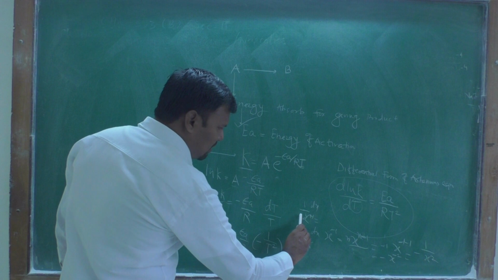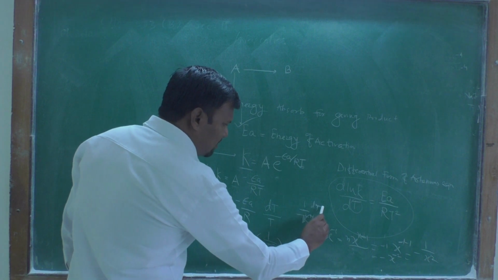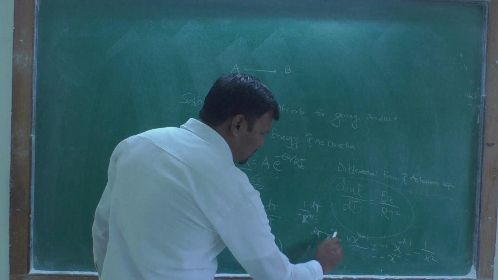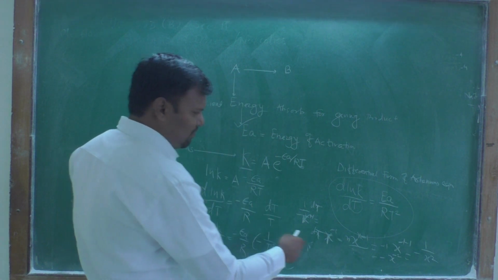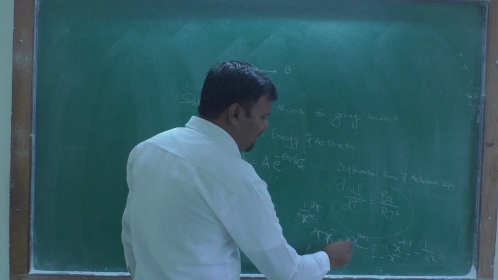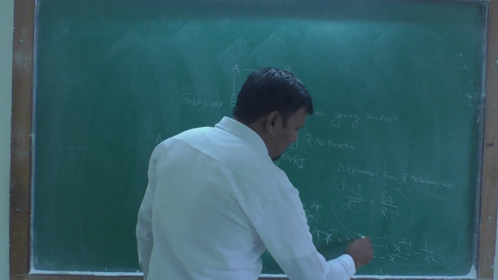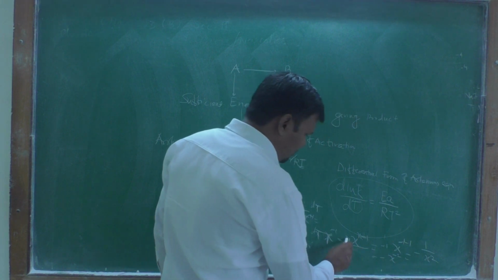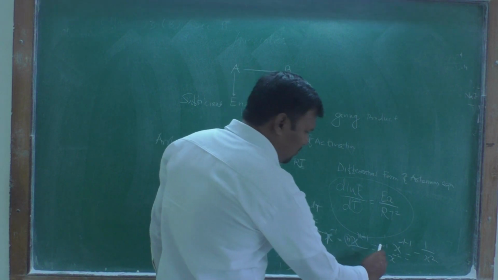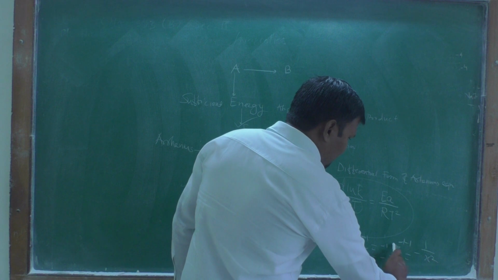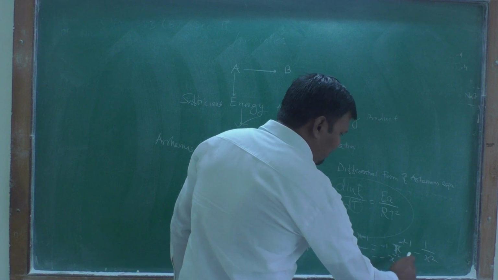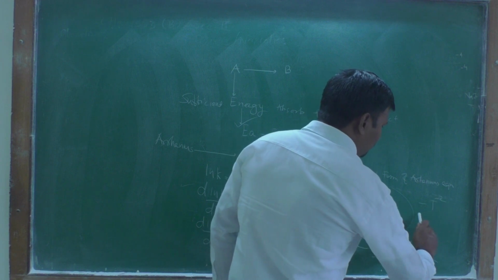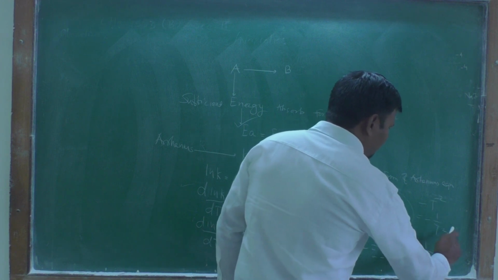Instead of x, you put T, d by dT of T raised to minus 1. By using the formula n x raised to n minus 1, where n is minus 1, we get minus 1 times T raised to minus 2, which is equal to minus 1 upon T square.